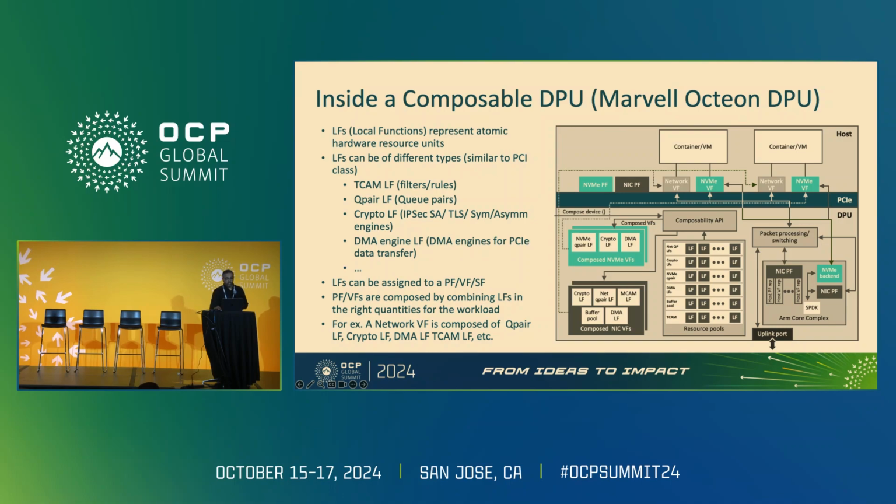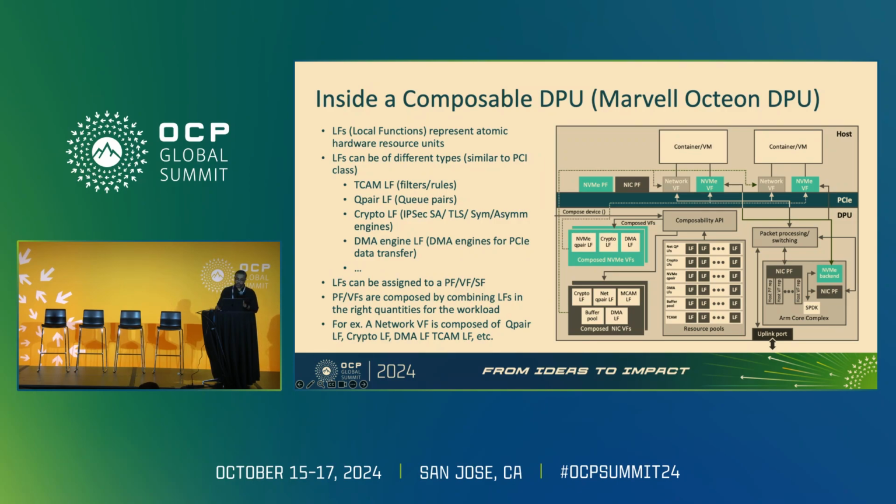And these local functions can now be assigned to a PF or a VF or an SF, and you can combine these in the right quantities for your PF or VF depending on the workload you want to run for that tenant or container or VM. For example, here we show on the left bottom, there are two composed VFs.